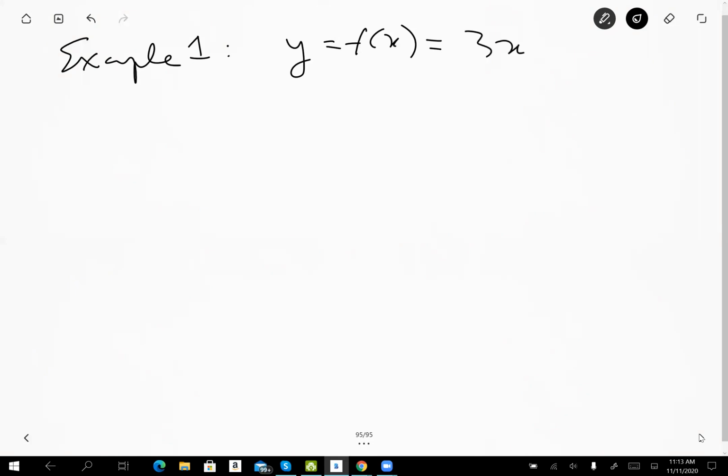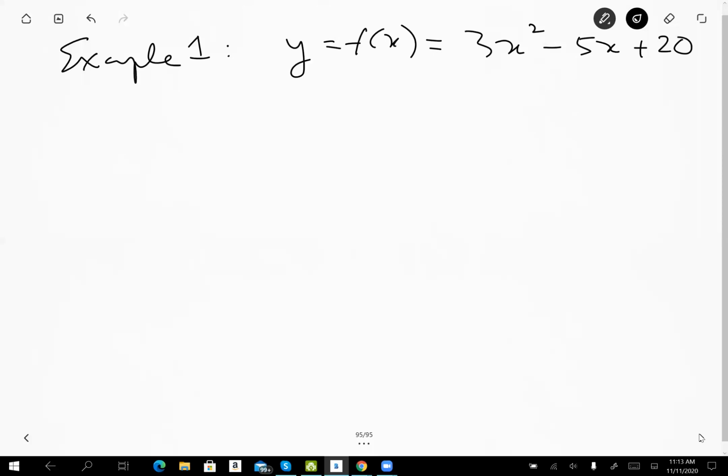So let's consider an example. Suppose you have example number 1: y or f of x equal to 3x squared minus 5x plus 20.